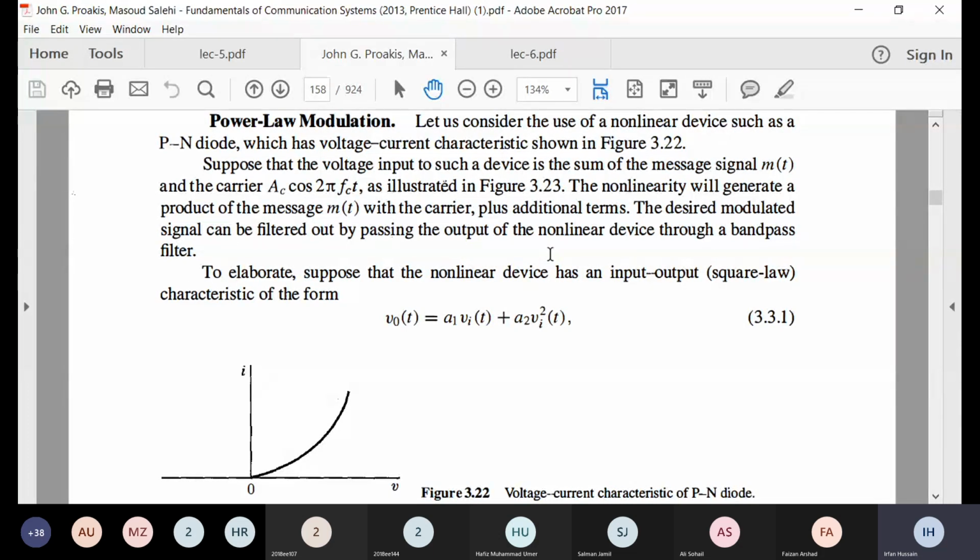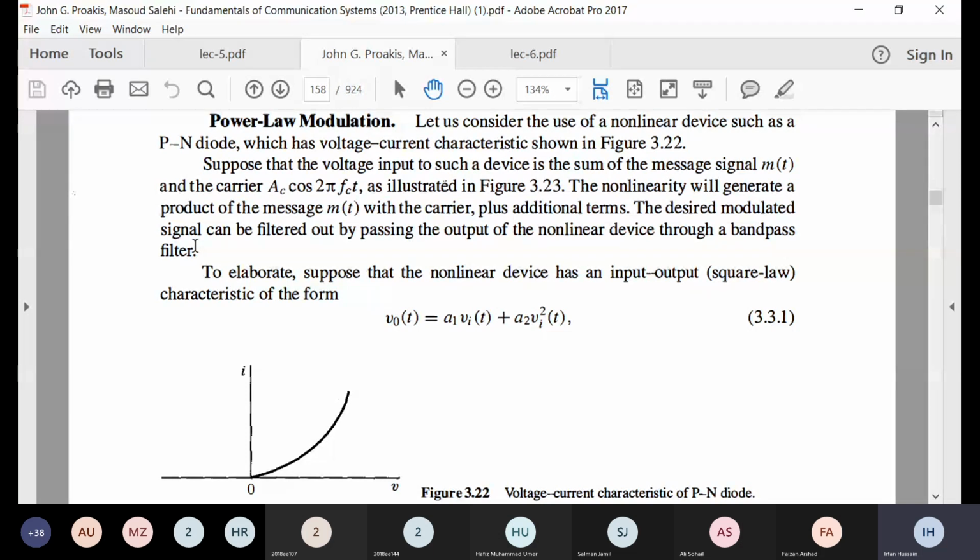So the output of the diode will contain many terms, and we will then pass all these terms through a band pass filter, which will just take those terms which are around fc.